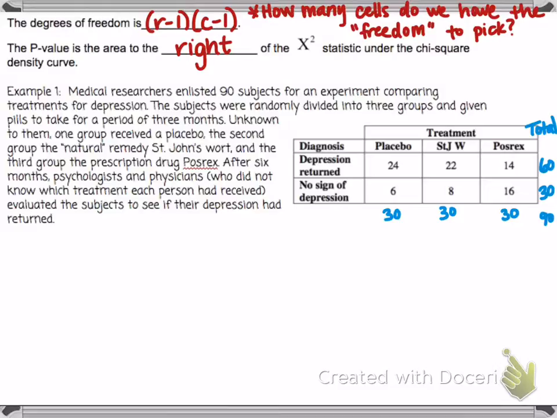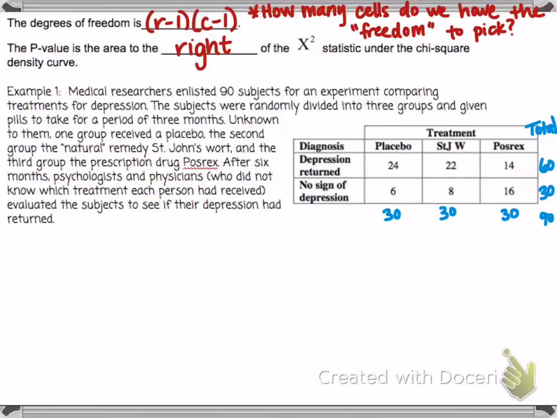Okay, so I did my row totals of 60 and 30, and then my column totals were all 30. So we had 3 equal sized groups. Now, the reason for that formula, so say I want to find the expected value for the depression returning on the placebo. Okay, depression returning here, the total proportion is 60 out of 90, so 2/3 of my patients, their depression returned.